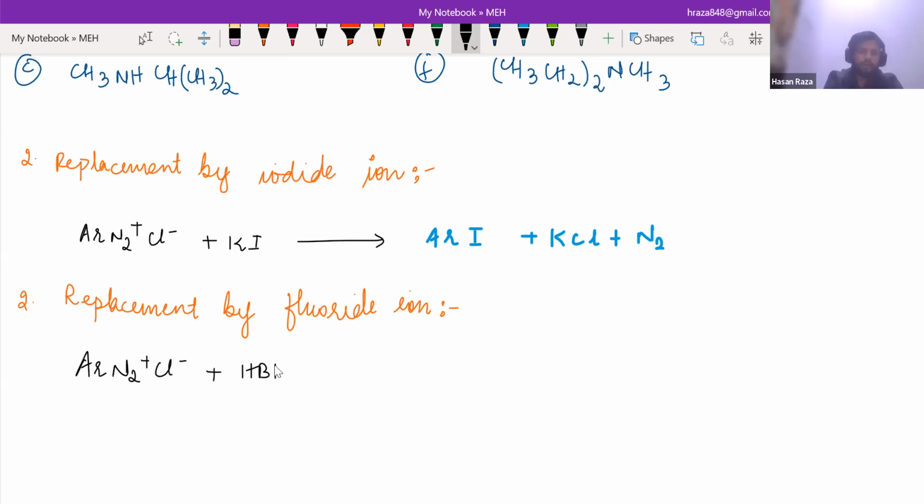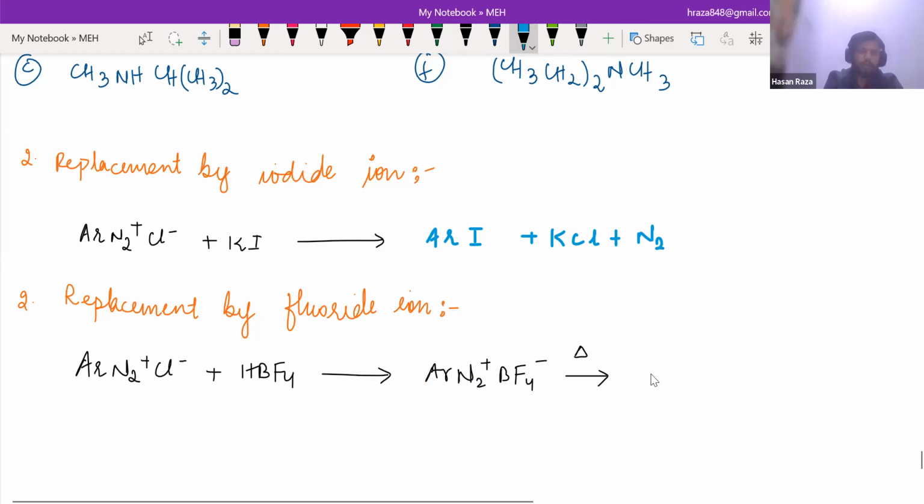You are going to react it with HBF4. Then you will be getting ArN2+BF4-. And then you are going to heat it, and then you will be getting your desired product, that is ArF, fluorobenzene, BF3.